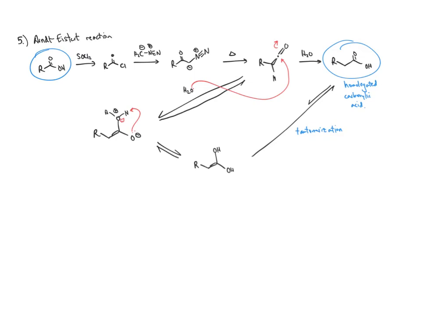Okay, so switching categories a little bit, we want to talk about the next reaction, which is known as the Beckmann rearrangement. The Beckmann rearrangement starts with a ketone, and we're going to react this ketone with hydroxylamine in dilute HCl, or dilute proton source.